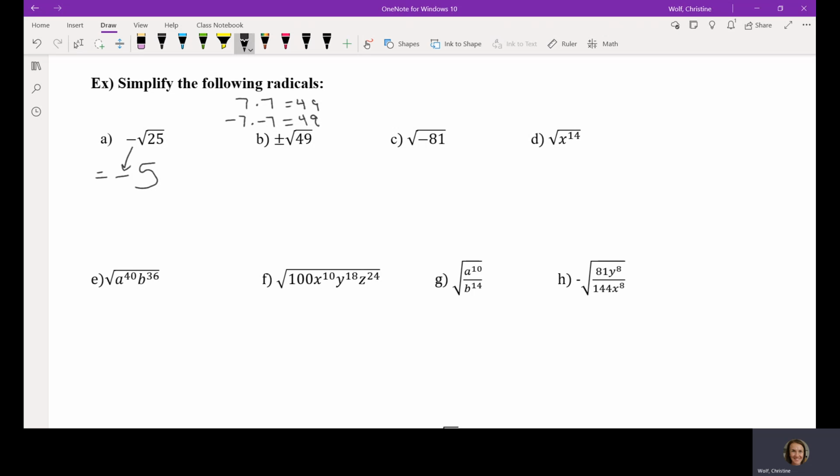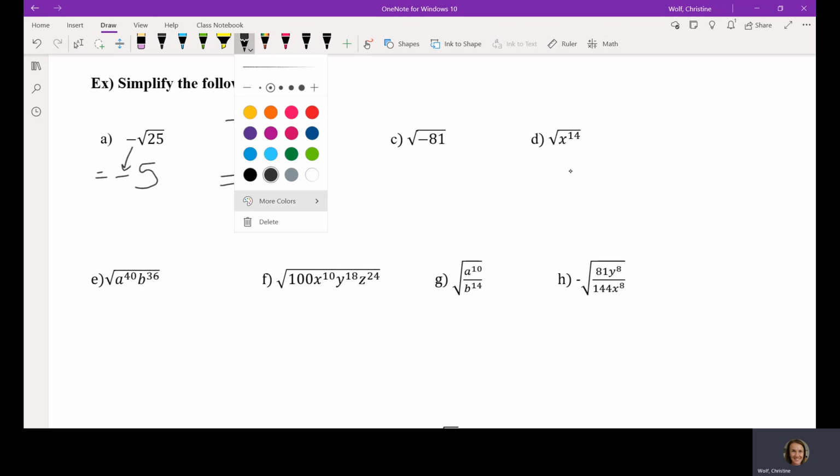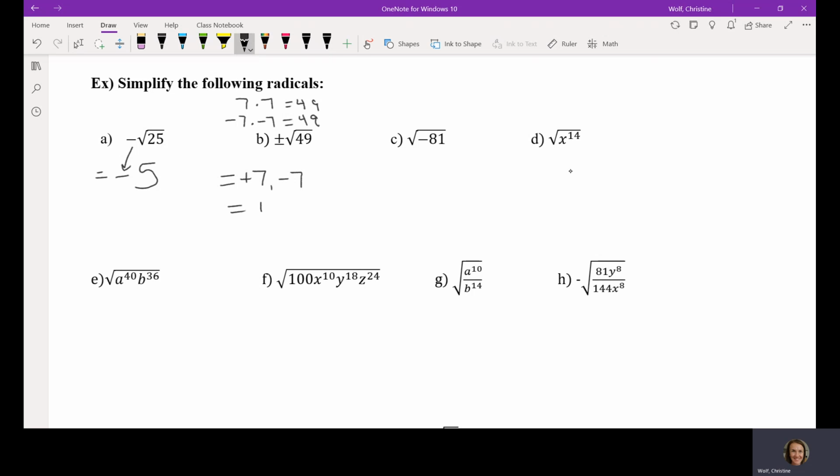It's times itself, so negative 7 times negative 7 equals 49 still, because two negatives cancel out. So there's actually two possible options. We've just always gotten used to writing the positive option, but here they want you to say what both options are. So both options are positive 7 or negative 7, or if you want, you can just write the same symbol they did. You can write it like this as well. Same idea.